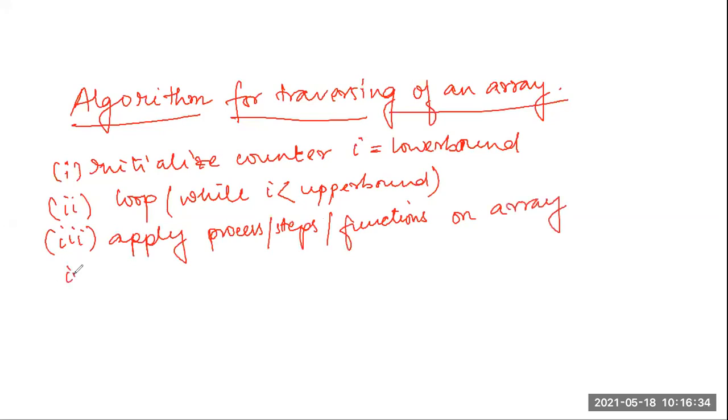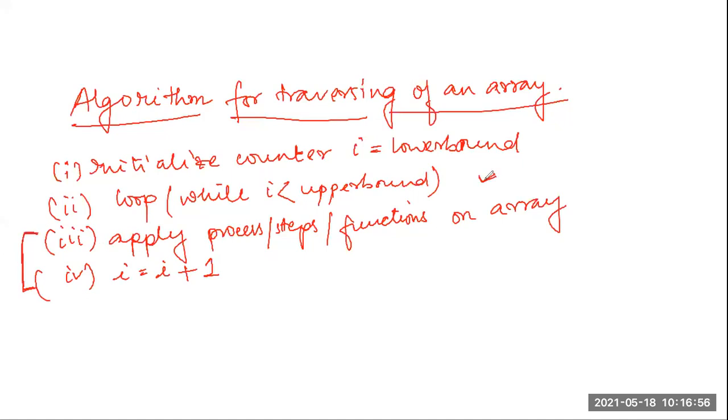And after that I was incrementing my counter, I equal to I plus 1, right? And this was going on in a loop while my I value is less than upper bound.